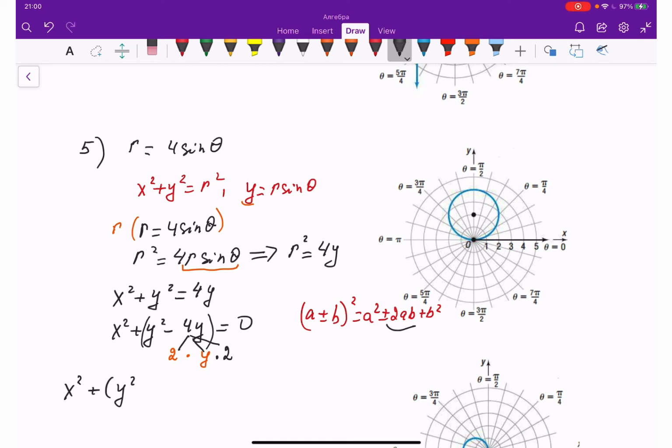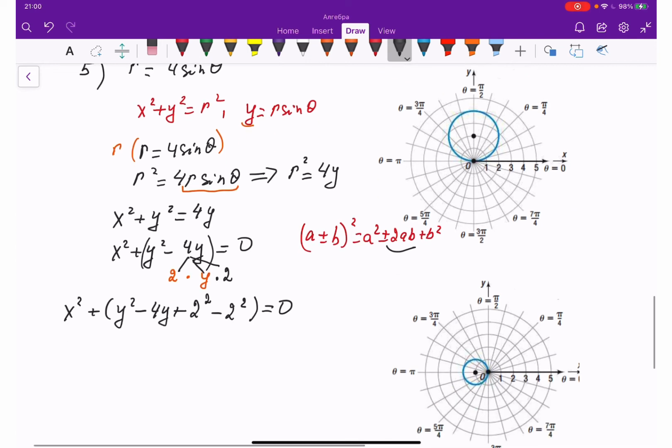So which means 2 is going to be my b, and that means minus 4y, and then I need to add 2 squared to complete the perfect square, and at the same time subtract it, so I won't unbalance the equation, right? And this is equal to 0.